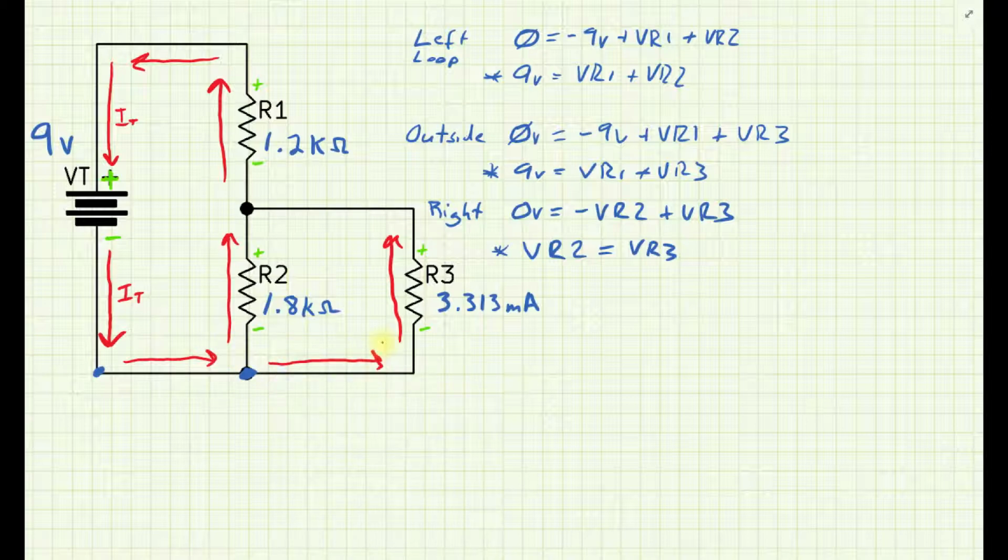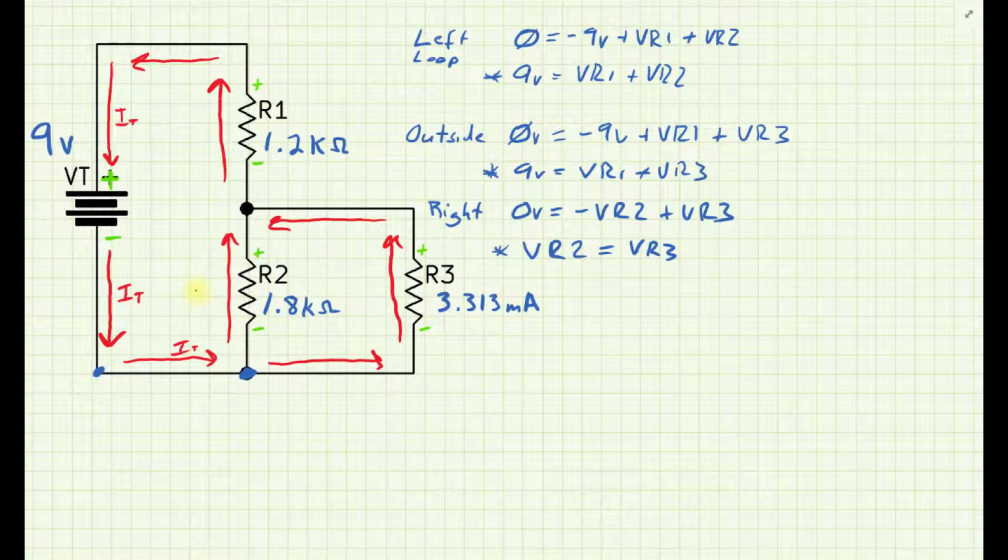I've got some current going that way and current going that way. So I've drawn all my paths. I total comes into this node down here, and this current leaves and this current leaves. Kirchhoff's current law says that the sum of any currents entering a node will equal the sum of any currents leaving a node. As I said before, I've identified the current in this main branch as I total.